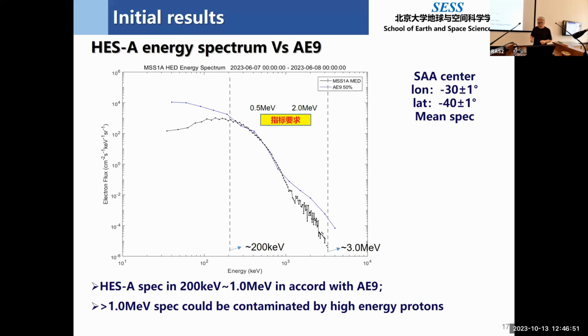It's very good, and it can be compared with AE9, especially for the spectrum lower than 1 MeV. But for the higher part of the spectrum, you can see higher fluctuations, which I think should be maybe caused by a little bit of proton contamination.